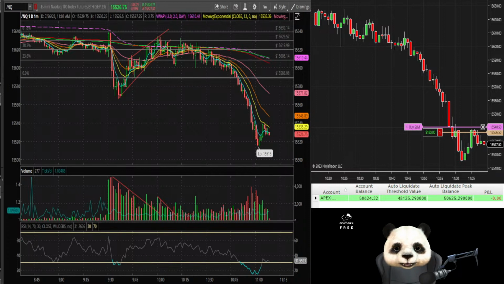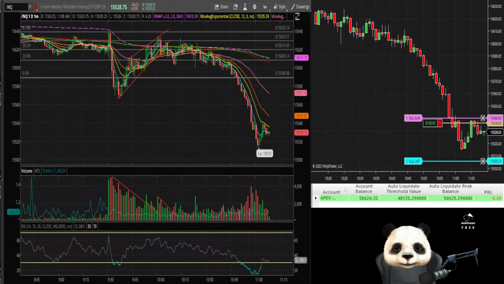I mean, I might adjust it, but I want to target just above the 15,500 level. I'm gonna go for like 0575 just cuz we might hit a good amount of resistance once we get there.